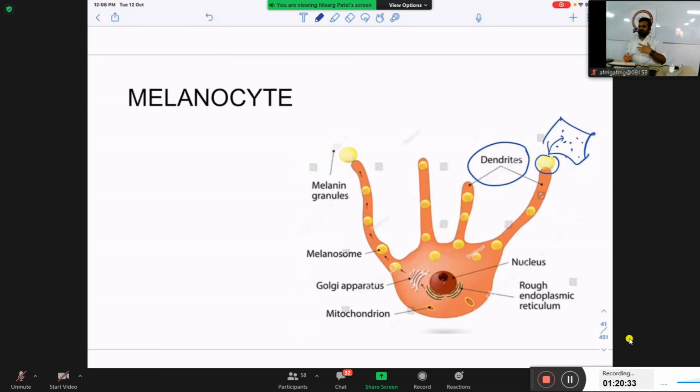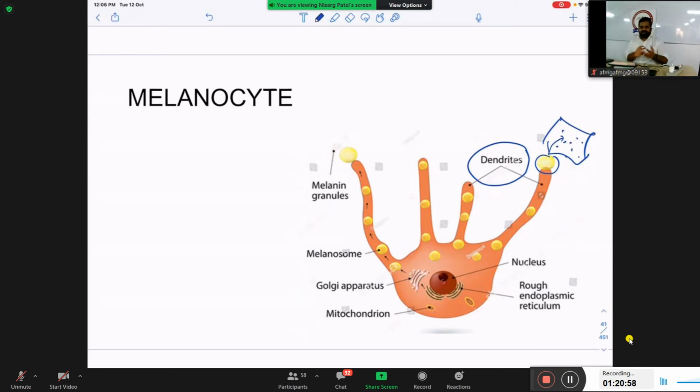Suppose I have 1000 melanocytes, but if my melanocytes are functioning too much, like they are making a large melanosome and giving this large melanosome to one keratinocyte in a very large number. Suppose one keratinocyte is receiving at least 5 melanosomes from the melanocyte. So what will happen? I will have dark skin.